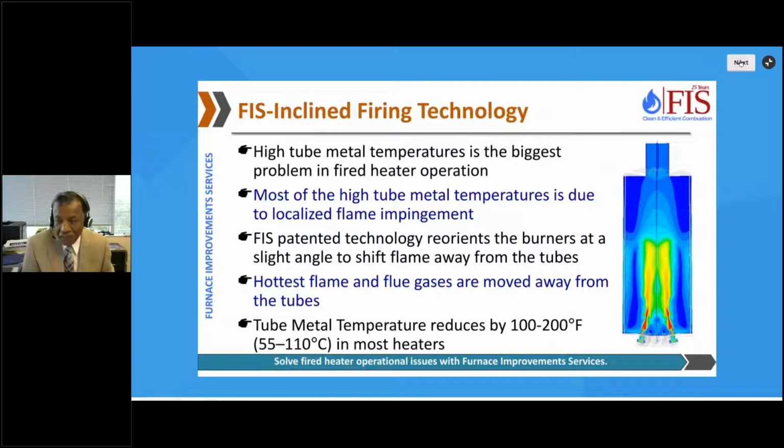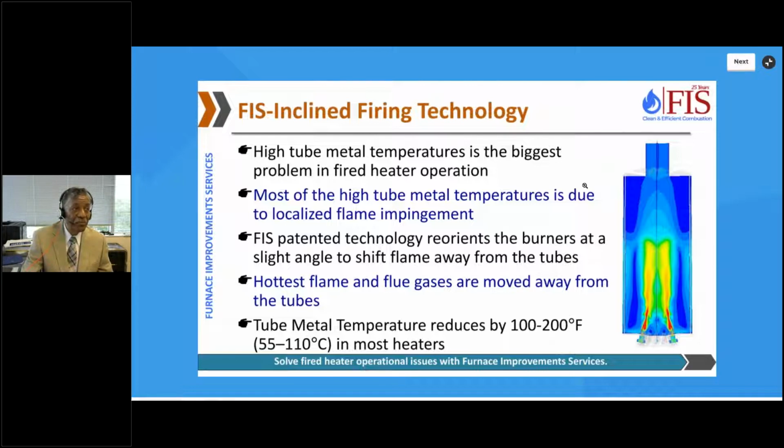And we have seen temperature reductions of anywhere between 100 to 200 degrees F. It's a very, very simple technology, and it is especially suited for low NOx and ultra low NOx burners, and it takes care of the high tube metal temperatures, which is the biggest problem in fired heaters.